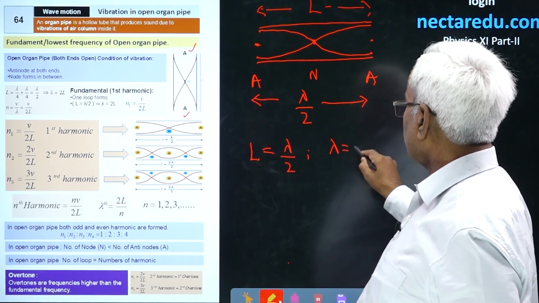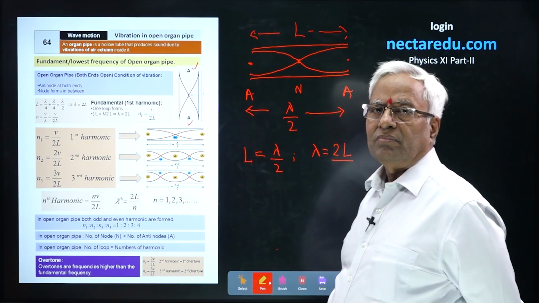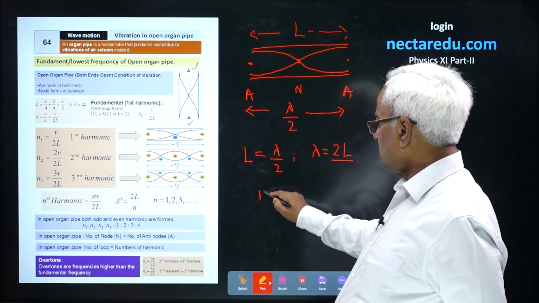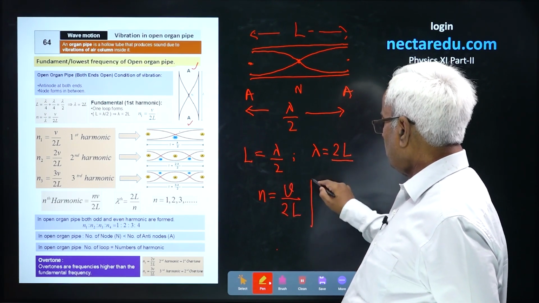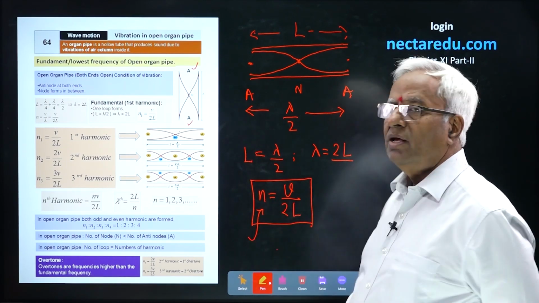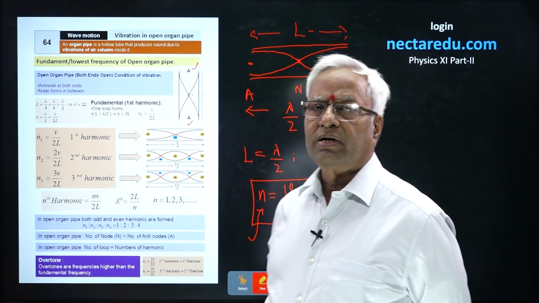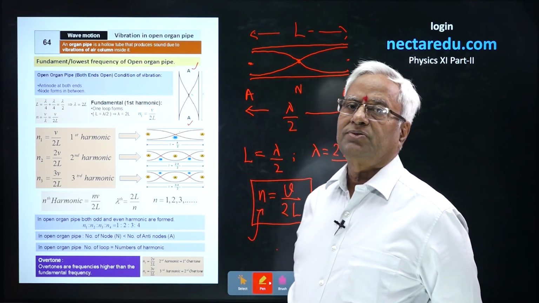That way lambda becomes equal to 2L, and frequency is going to be V upon lambda, that is V upon 2L. Since I told you it is the minimum frequency, we would call it fundamental frequency. It is also termed as lowest frequency.